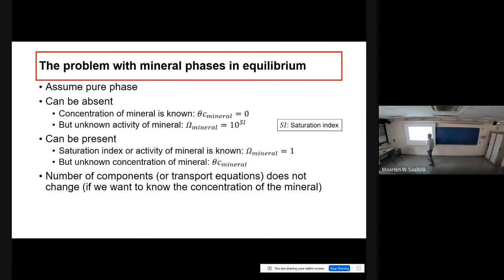And we don't know the concentration of the mineral. It is something variable that we have to calculate. Now, maybe one thing, the number of components, which refers to the number of transport equations, actually doesn't change whether the mineral is present or not present. If we want to know the concentration of the mineral, we can sometimes do some clever things, but actually, the number of components does not change.